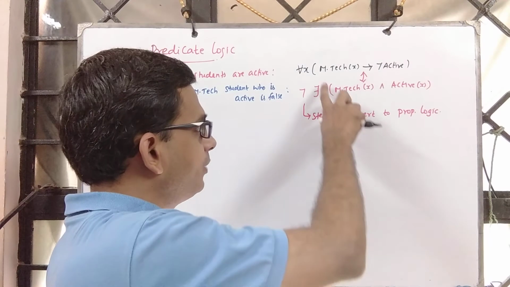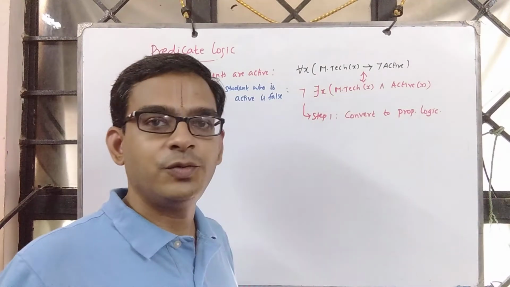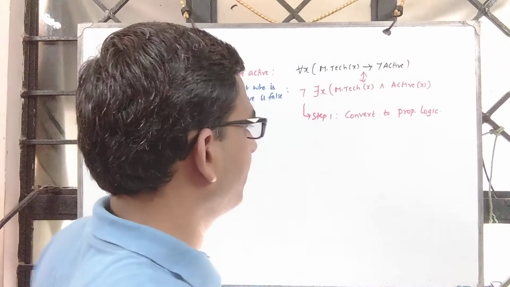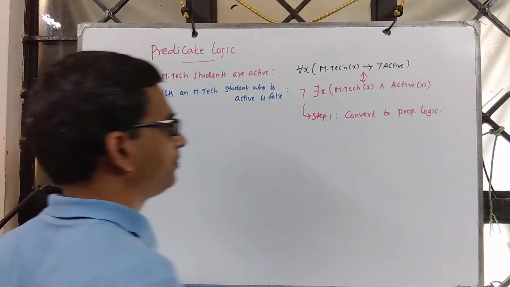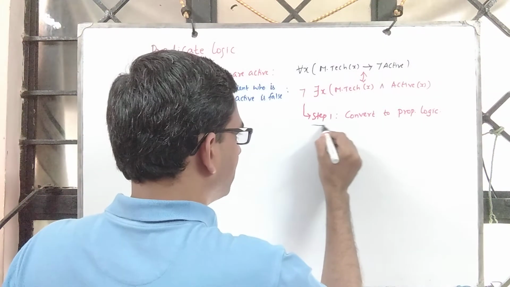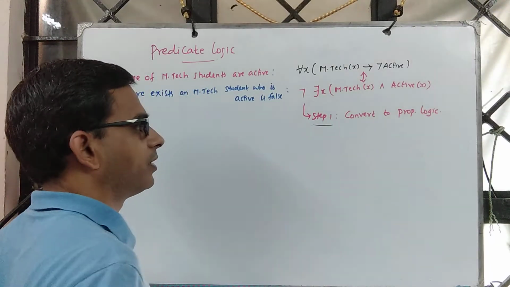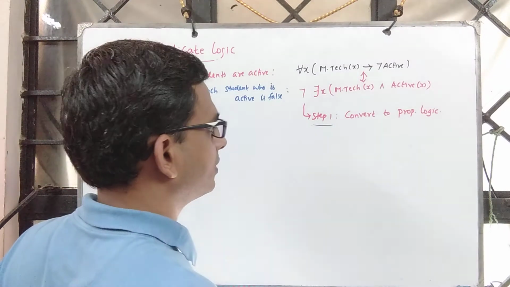So I need to convert this predicate logic into propositional logic before I employ a specific rule. And propositional logic is only a special case of predicate logic, right? So it is possible.